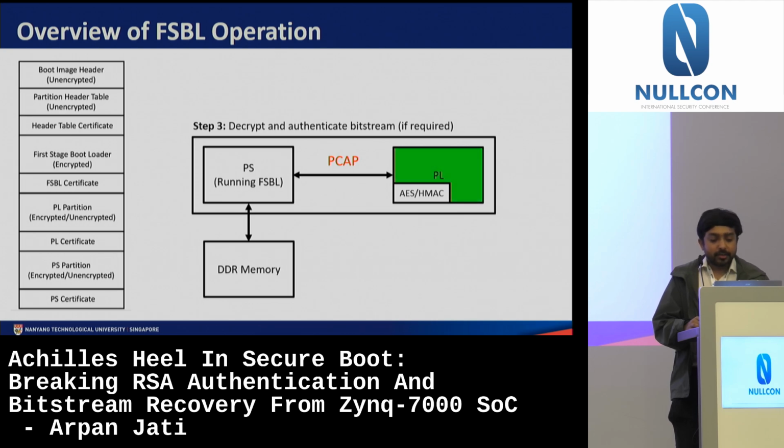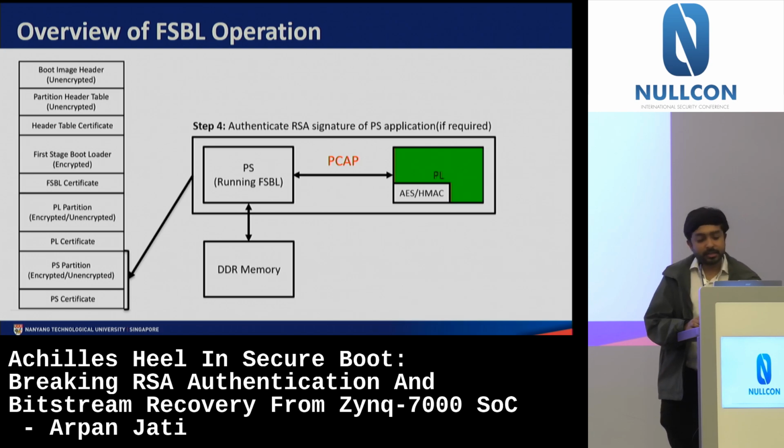But the interesting thing to note is that all the data goes for decryption to the PL and not the PS. The PS is the main Zynq part, the microcontroller part, and the PL is the fabric, where the AES hardware is. There is a PCAP interface, and that interface is used to send and receive data from those. So all the data that needs to be decrypted is decrypted by the PL.